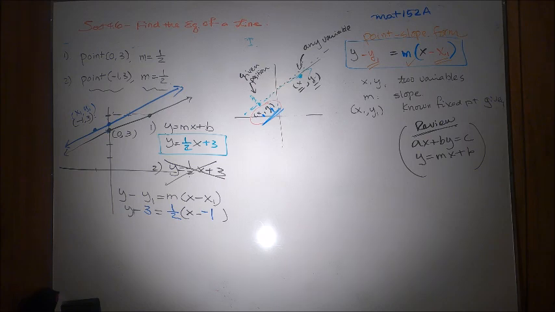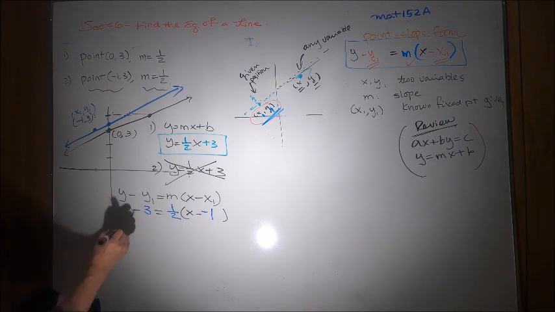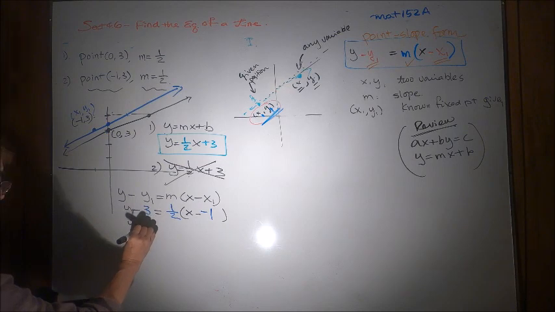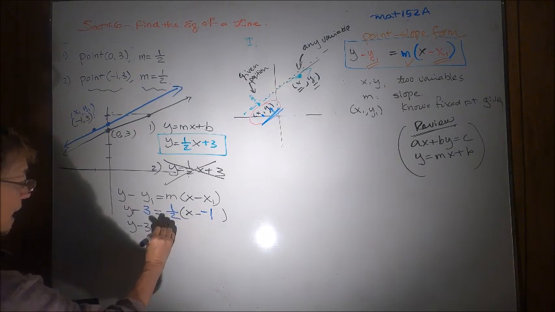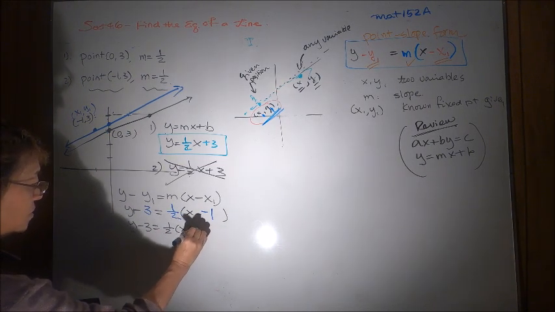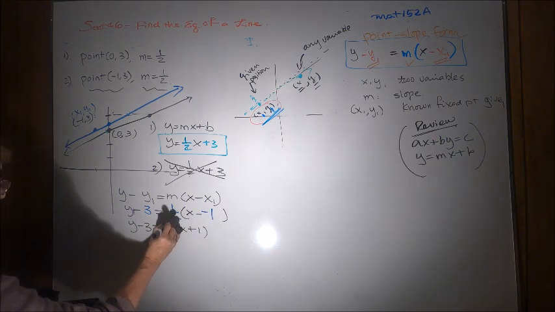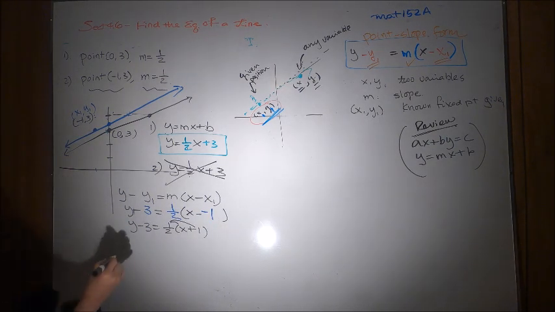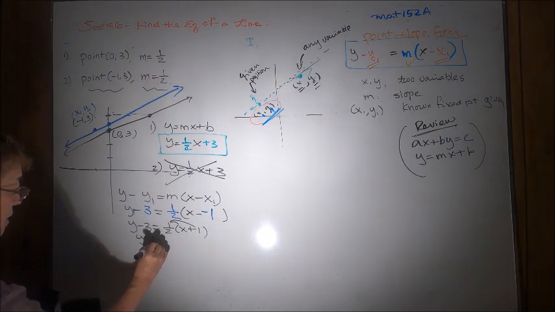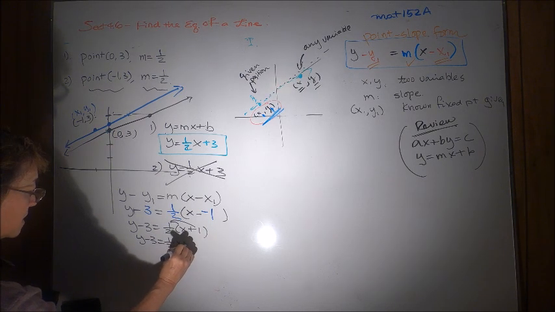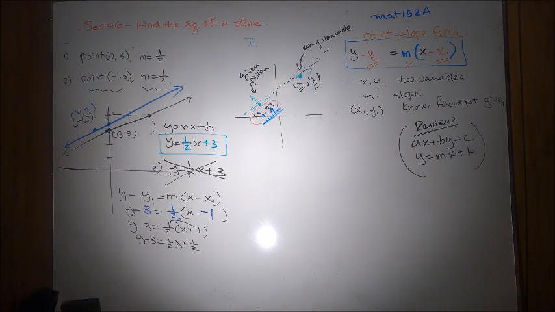Don't forget, minus x1 is minus -1. Right? But you don't write the answer that way. You need to finish up, clean up. So how would you do it? You will write y minus 3 equals half times x plus 1, right? Negative, negative. Then you distribute, you have y minus 3 equals half x plus half, right?